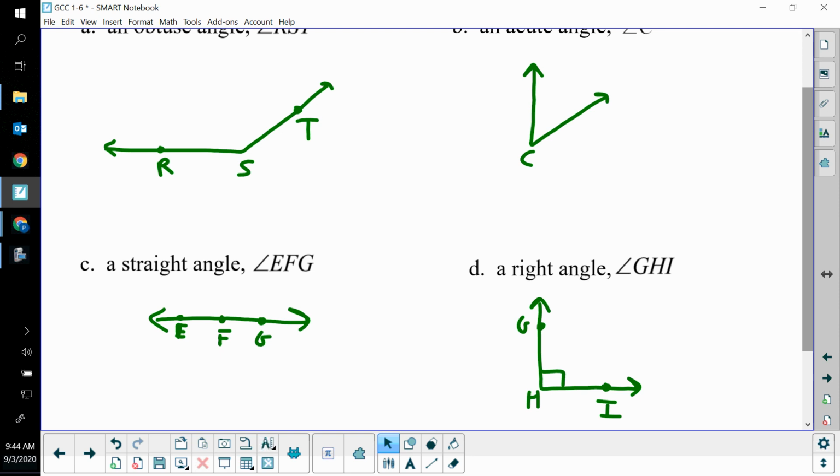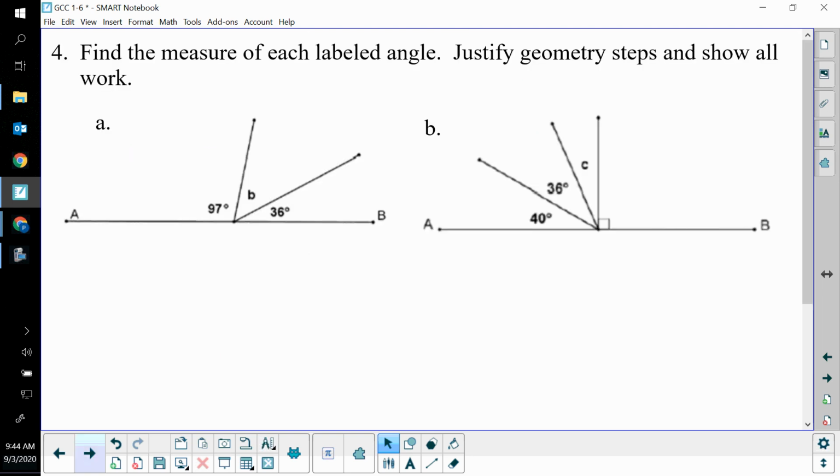All right, we'll do a little bit of practice actually solving some things on the next page. So we're going to find the variables, and then we're also going to justify our steps. So what we'd want to do is 97 plus b plus 36 equals 180.